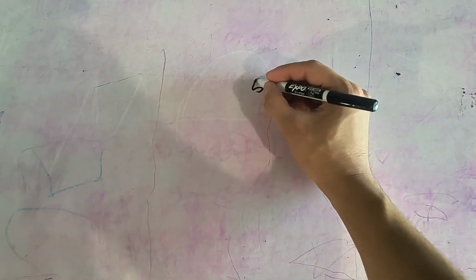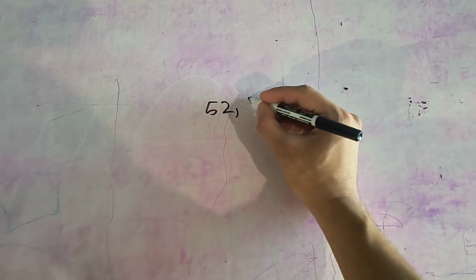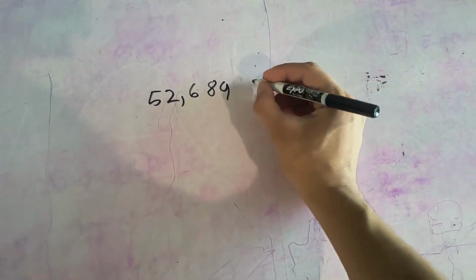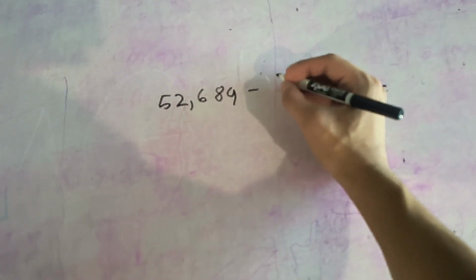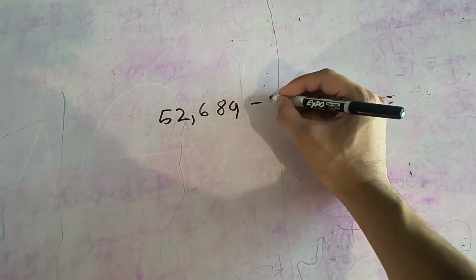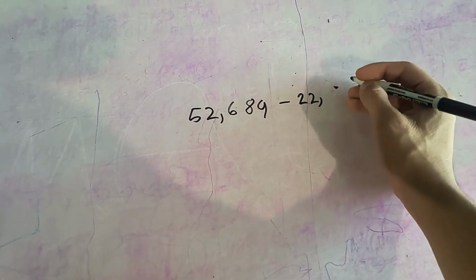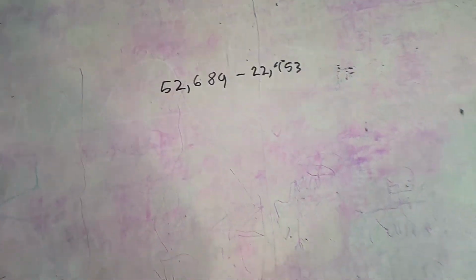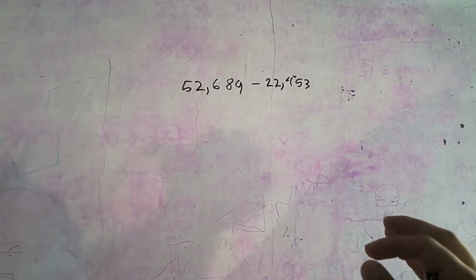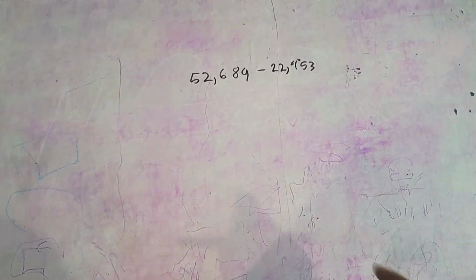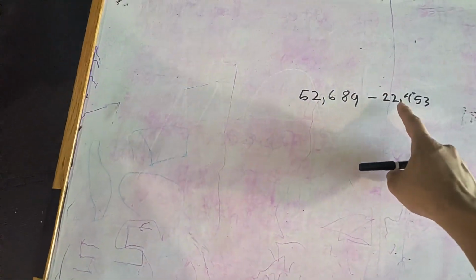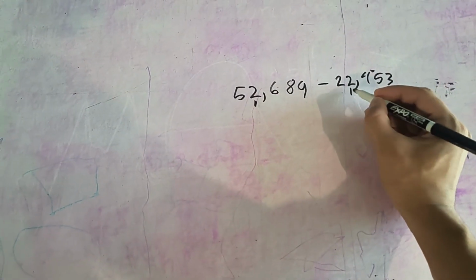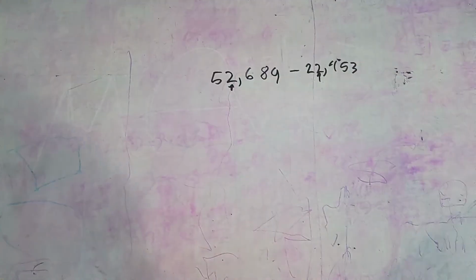Let's say I have the number 52,689 minus 22,453. What would be the estimated number if we round to the nearest thousands place, which is this place right here, this 2?